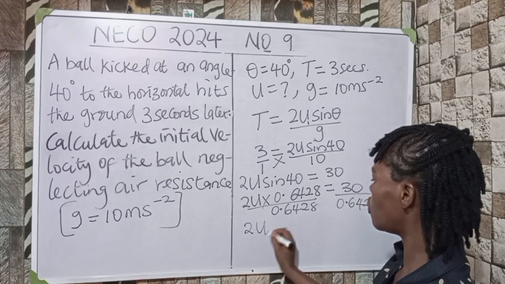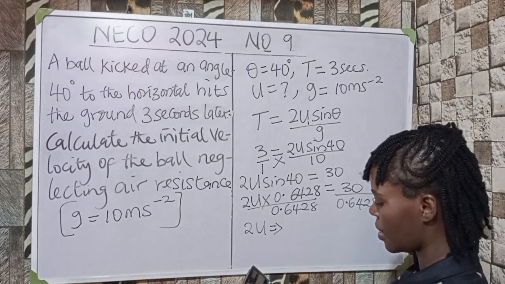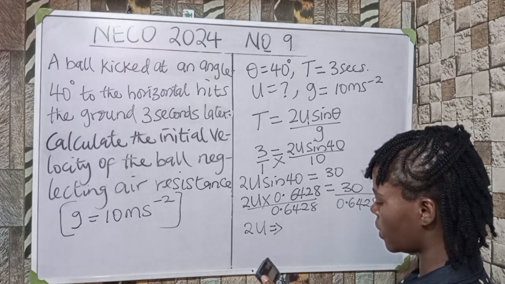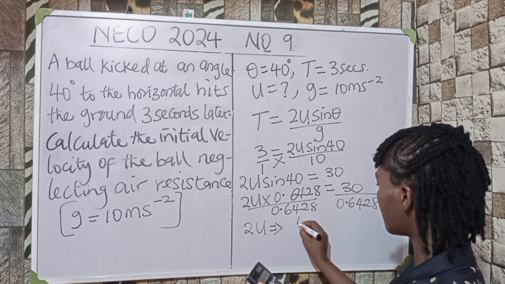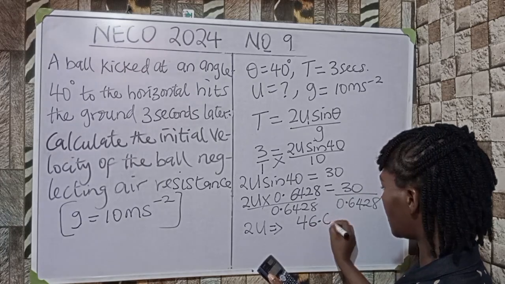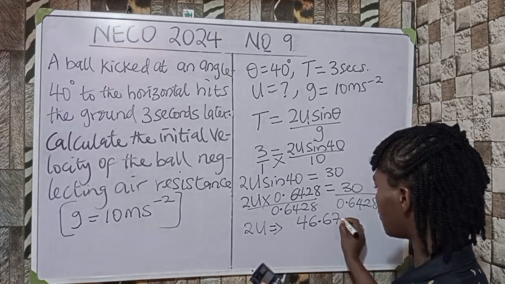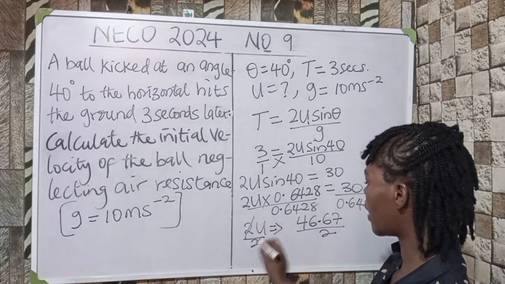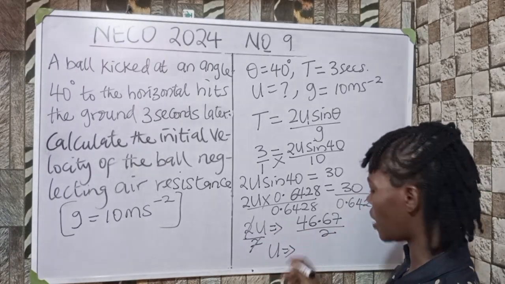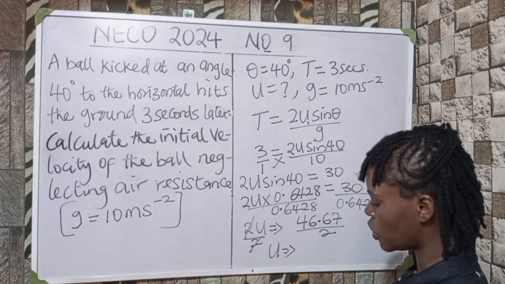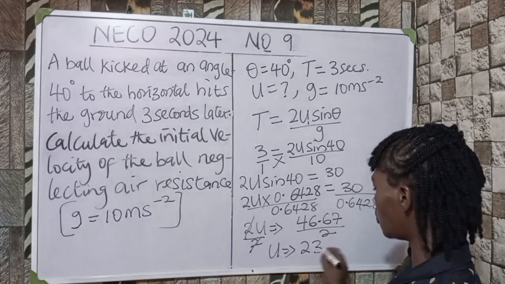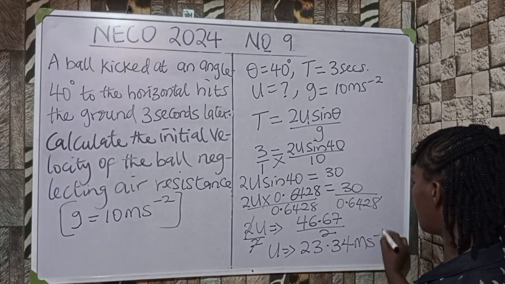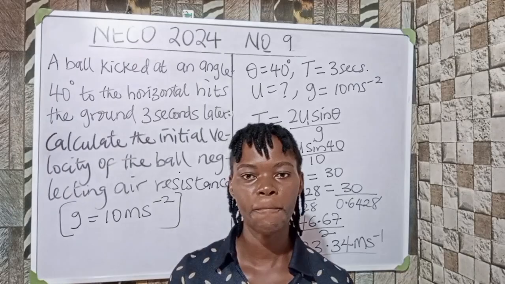So I have 2u is equals to 30 divided by 0.6428. It's going to give me 46.67. Then I'm going to divide both sides by what? By 2. 2 cancels 2, which is my initial velocity, and dividing gives me 23.34 approximately meters per second.